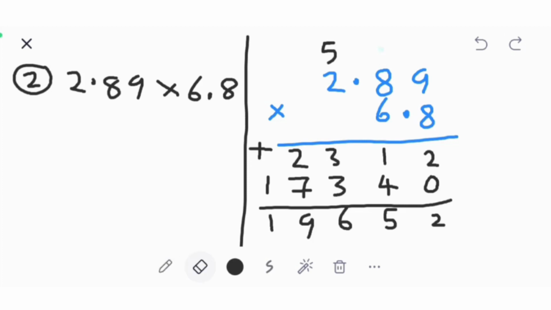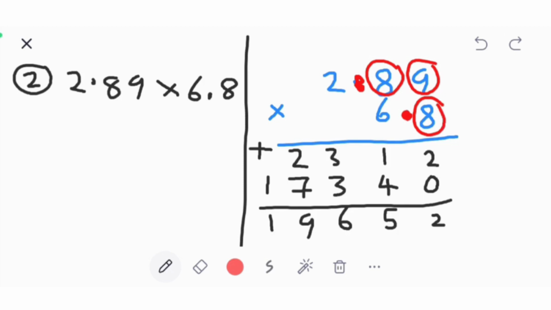Now, where will the decimal point be in the answer? After this red dot, how many digits do we have after the red dot? We have 2 digits, which are 8 and 9. Then after the second red dot, we have only 1 digit, which is 8.